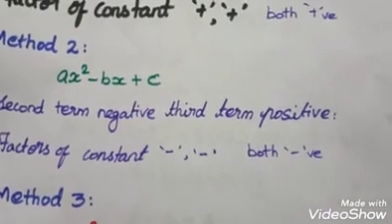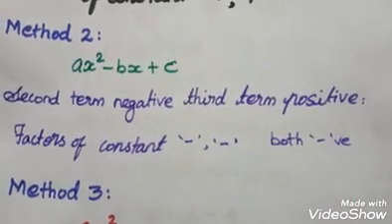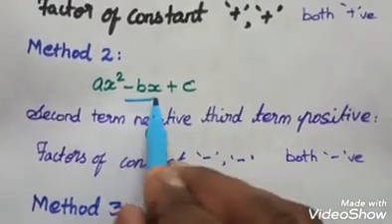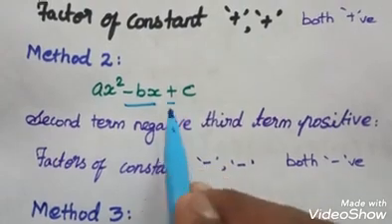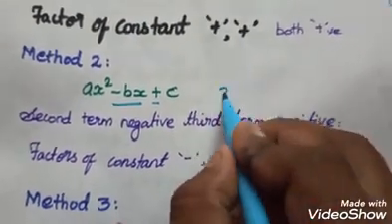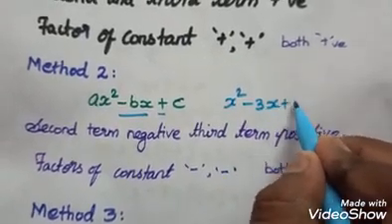In the same way, move on to method number 2. In this method 2 you have ax square minus bx plus c. Here the second term is negative and the third term, the constant, is positive. The example I write is x square minus 3x plus 2.